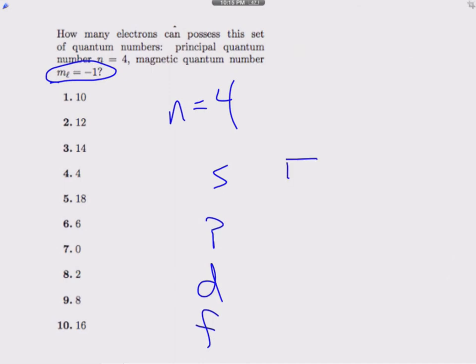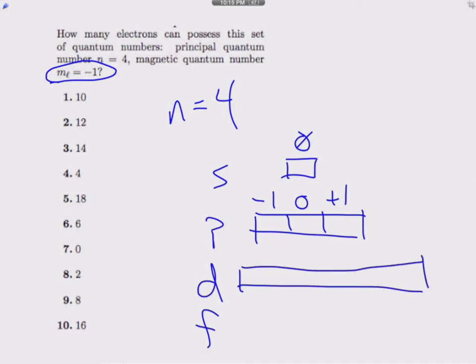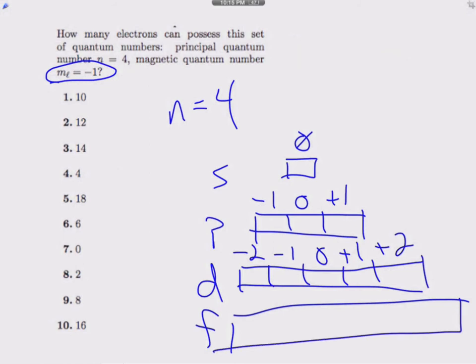Well, S only has a 0 orbital. P has a 0, a -1, and a +1. D has 0, -1, -2, +1, +2. And then F, 1, 2, 3, 4, 5, 6, has 0, -1, -2, -3, and +1, +2, +3.